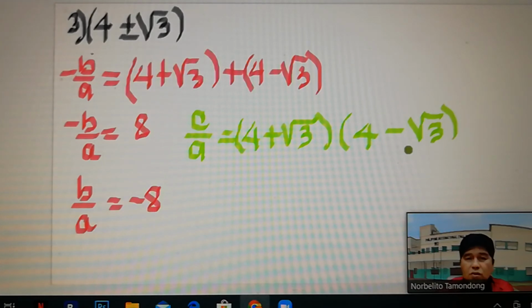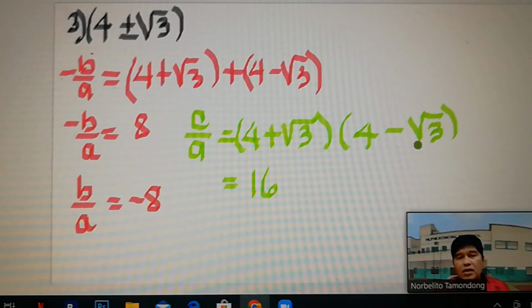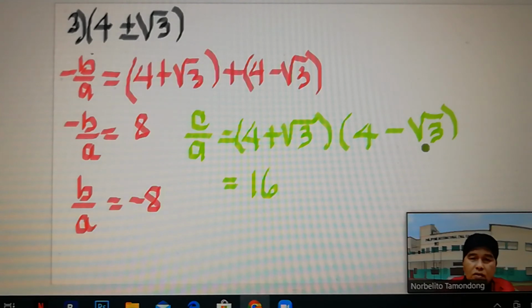Since these two binomials are the sum and difference of two terms, when you multiply them you just simply multiply the first terms, so 4 times 4 is equal to 16, and then multiply the last terms. Square root of 3 times negative square root of 3 is simply equal to square root of 9, or simply 3. So this is minus 3, equal to 13.